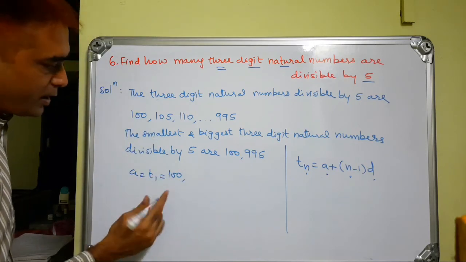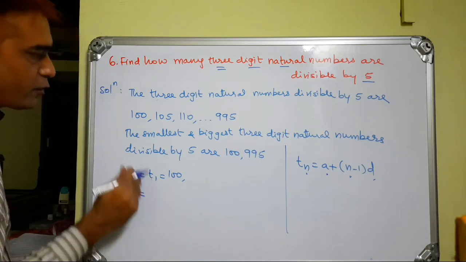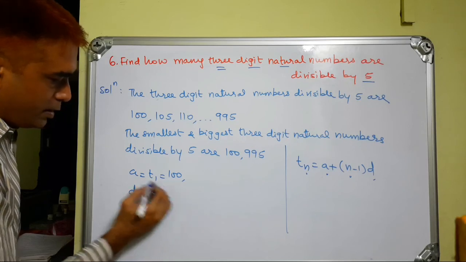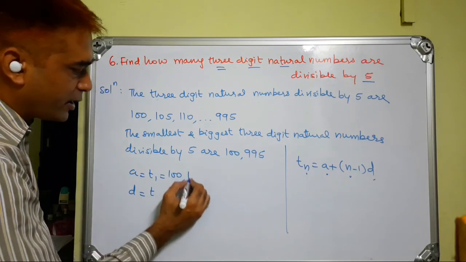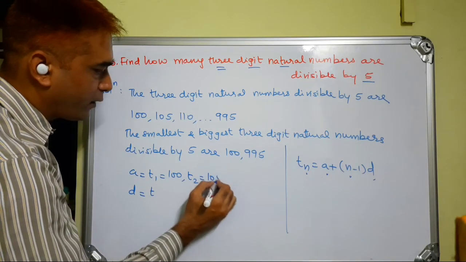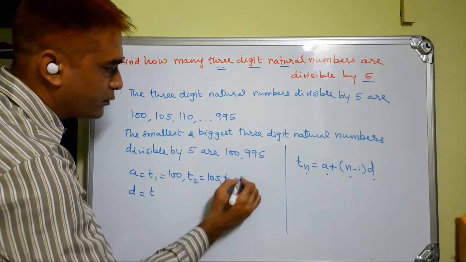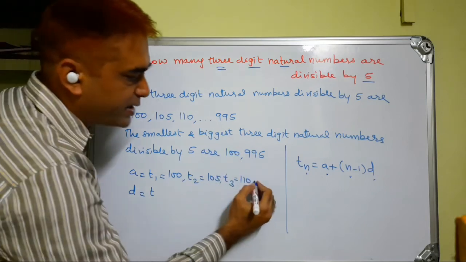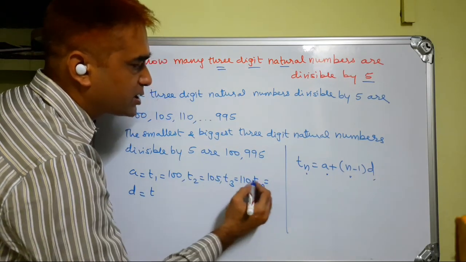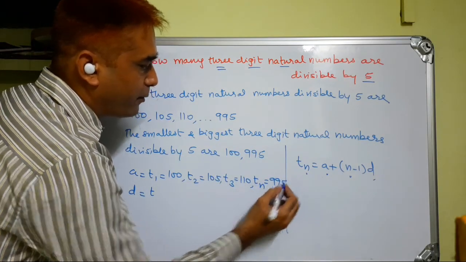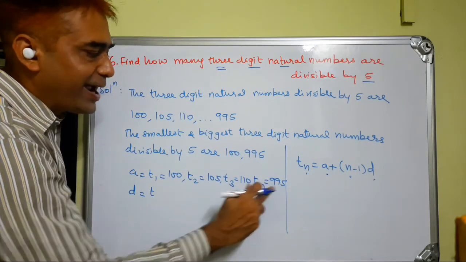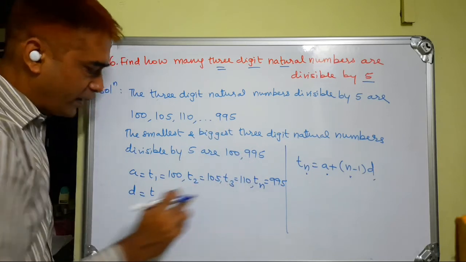Then common difference d, what is the difference between any two consecutive numbers? We will write T2 is 105, T3 is 110, and this is the last term, that is Tn. Last term Tn, the nth term, is 995, but we don't know the value of n.